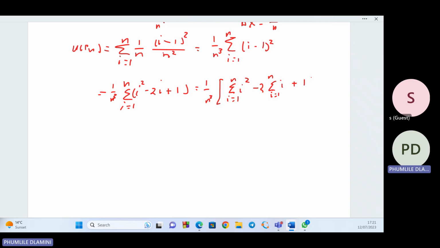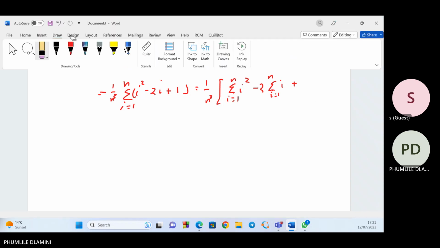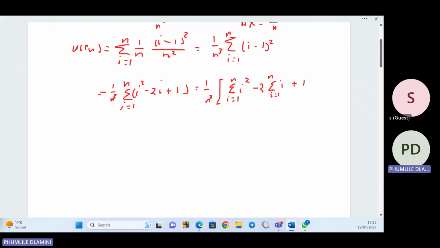Even if you take the 1 there, it's the same as the sum of 1. Then take out that 1, the sum from i equals 1 to n.